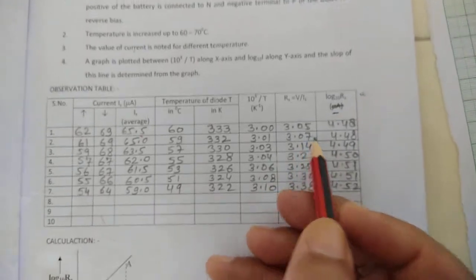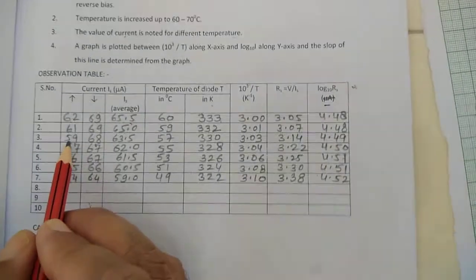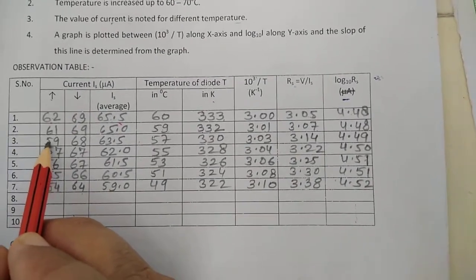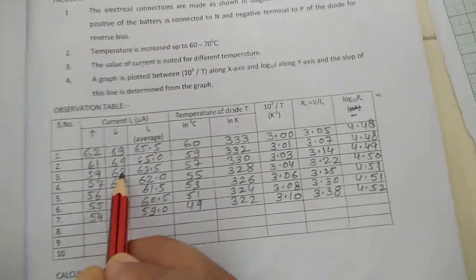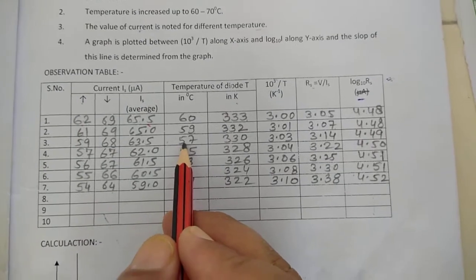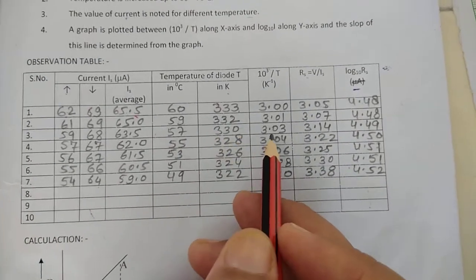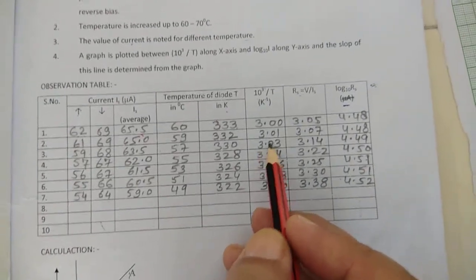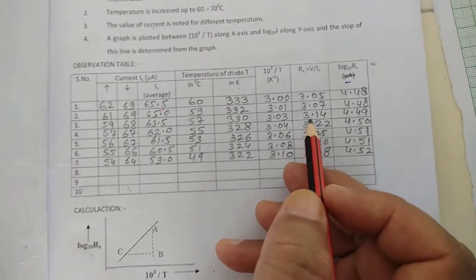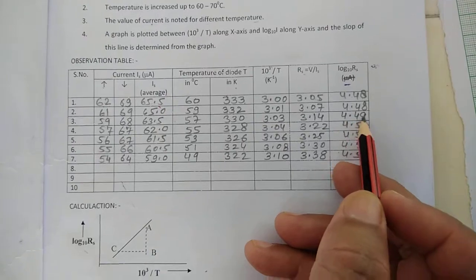So log 10 Rs will be 4.48. Similarly, for the third one, current will be 59 and 68, average is 63.5 at 57 degree centigrade. So Kelvin temperature is 330 and 1000 upon T is 3.03. So Rs will be obtained as 3.14 and log 10 Rs will be 4.49.